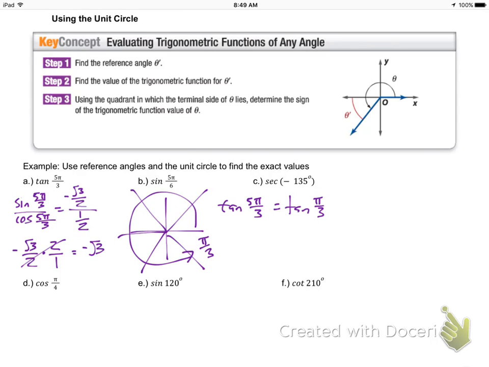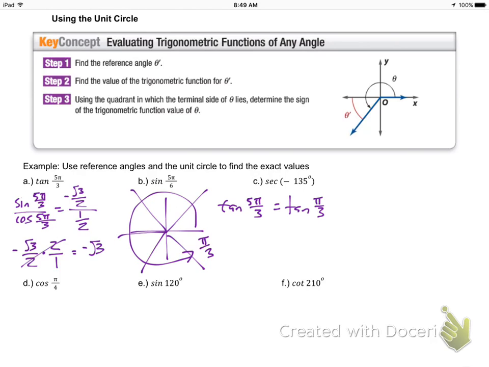Everybody take your calculator out right now and take the tangent of pi over 3. Do you get the same answer? Essentially, yes, but no. What's the difference? This one's positive. I said what when we first started doing this? All reference angles reference which quadrant? Quadrant 1. All trig functions in quadrant 1 are positive.